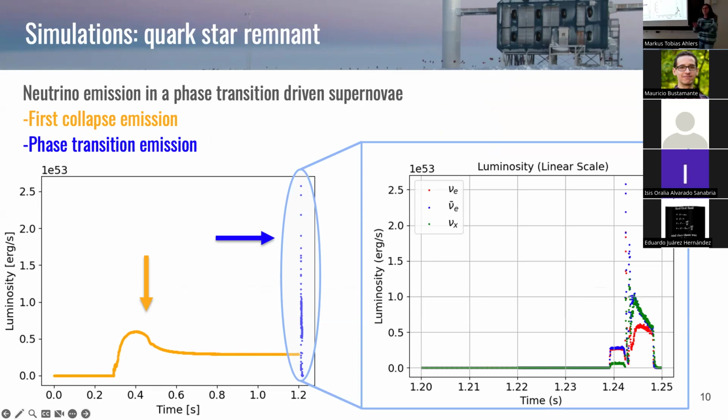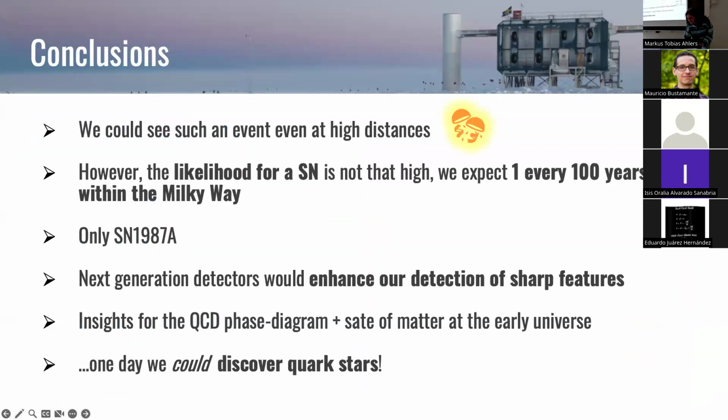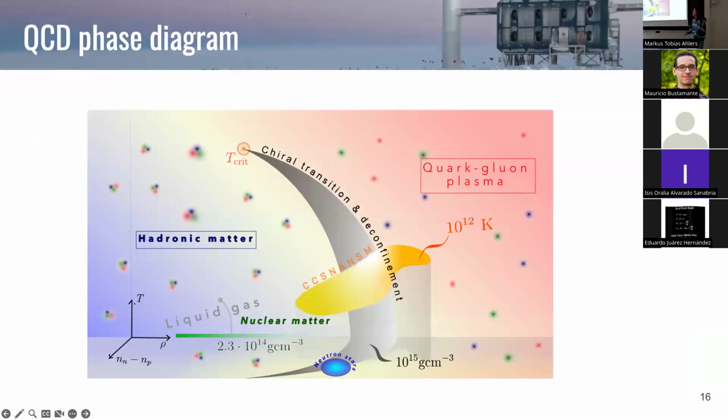Also, worth mentioning, sadly, the phase transition diagram in QCD is really unknown. We only know the parts of the phase transition diagram where the density is roughly 0.